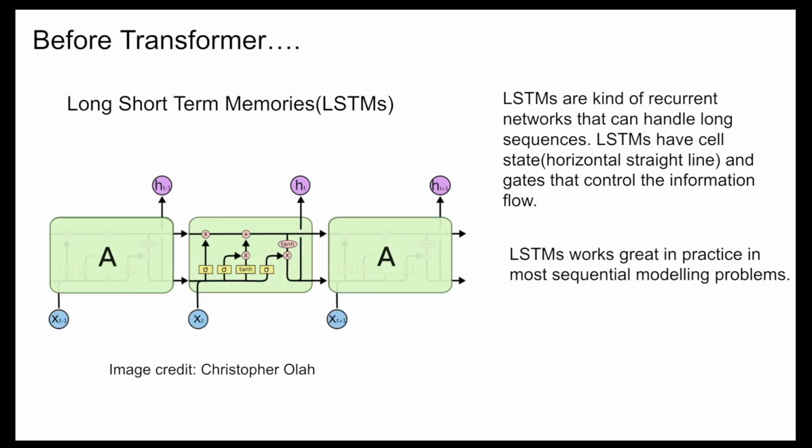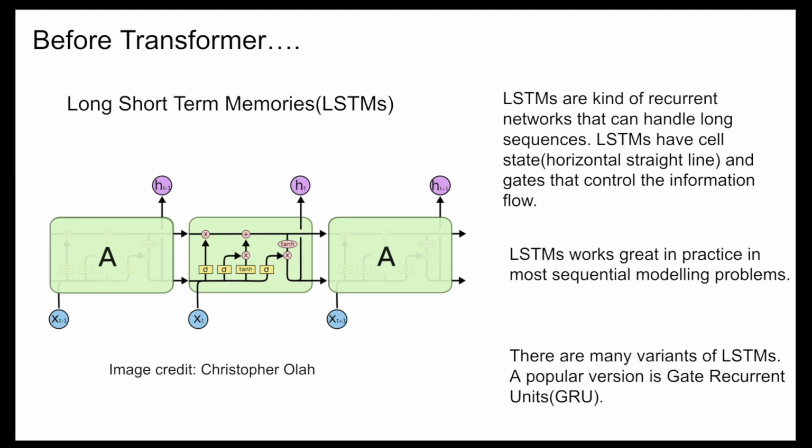LSTMs work great in practice in most sequential modeling problems. And there are many other versions of LSTM, such as gated recurrent units, which people say are much more compute efficient than LSTMs. LSTMs work great, but not quite enough.